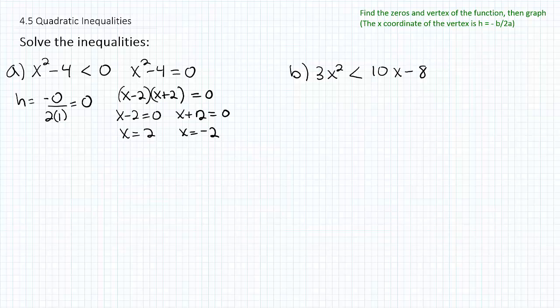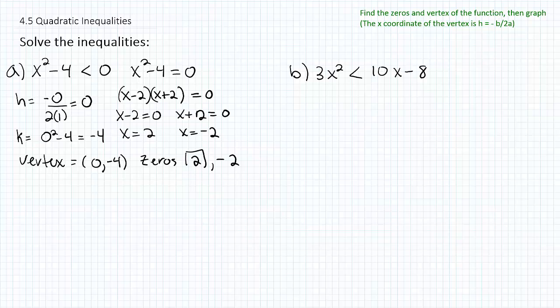And then if you want to know what the y-coordinate of the vertex is, which we call k, you would just plug the 0 in for x, and you'd get 0 squared minus 4, and then of course that's just equal to minus 4, right? So we have our h and k, so our vertex, in other words, is equal to (0, negative 4), and we have our two zeros, right? Our zeros of the function are simply 2 and negative 2, right?